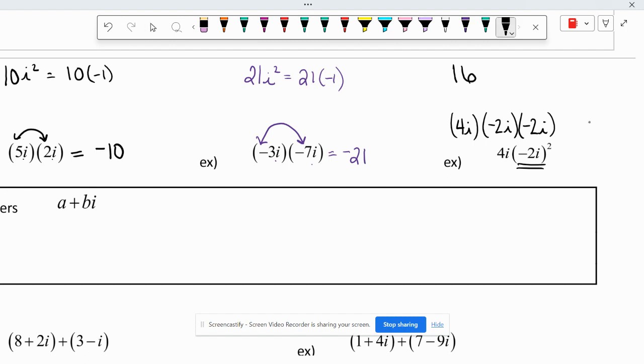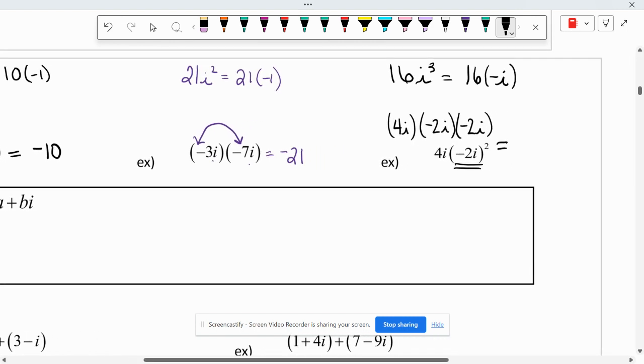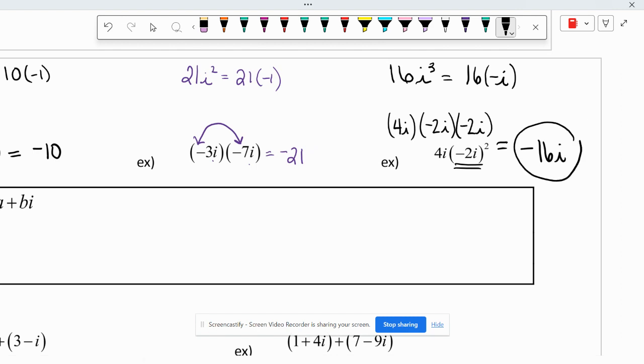Good job, Charlie. i times i times i is i cubed. But what does i cubed equal? It equals negative i. So I have 16 times negative i, which is just negative 16i. I always move that negative out front because it's just like multiplying by a negative 1.